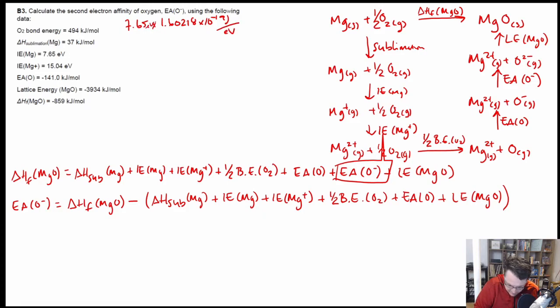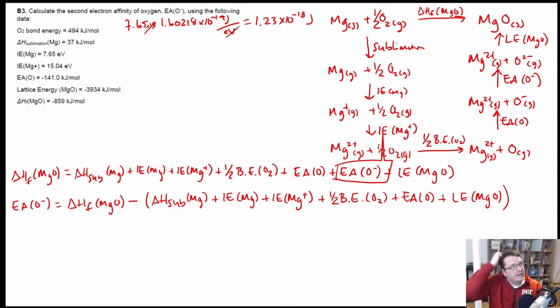And so this is in eV, so the eVs cancel. So what we get is 7.65 times 1.60218 times 10 to the negative 19, which comes out to 1.23 times 10 to the negative 18 joules.